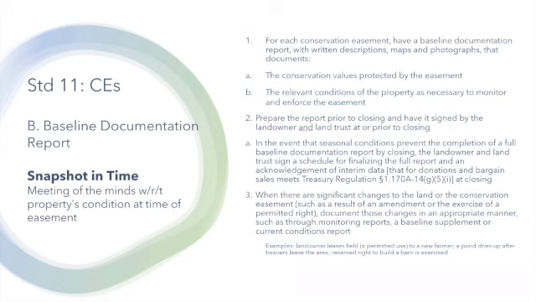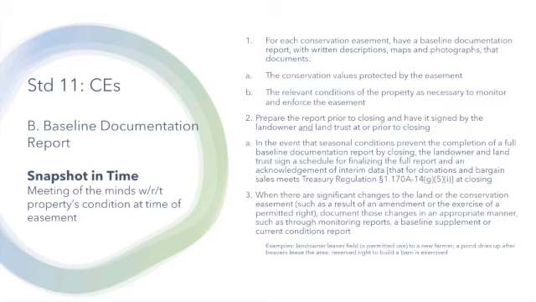So if you had an easement that was protecting wildlife habitat, you'd want an ecologist. If you were protecting farmland, you might want somebody with a soil science background. There are people who are more qualified depending on what kind of easement it is.